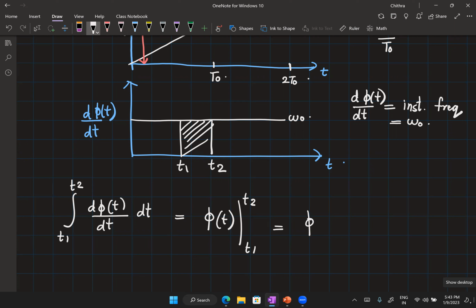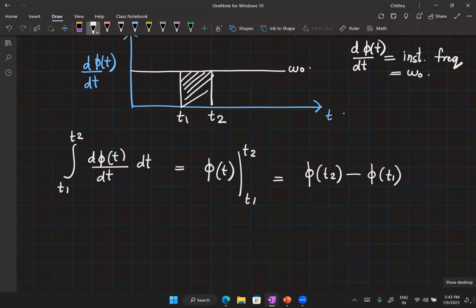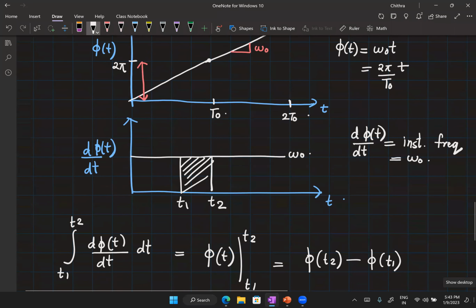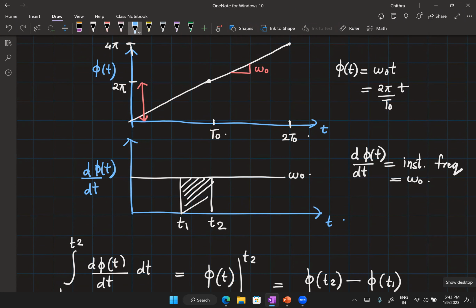So that gives you phi of T2 minus phi of T1. Or in other words, this is just the phase accumulated from T1 to T2. So if I were to mark this quantity onto this waveform, so I have T1 here and T2 here. So I'm basically looking at the phase that has been accumulated. So this quantity.